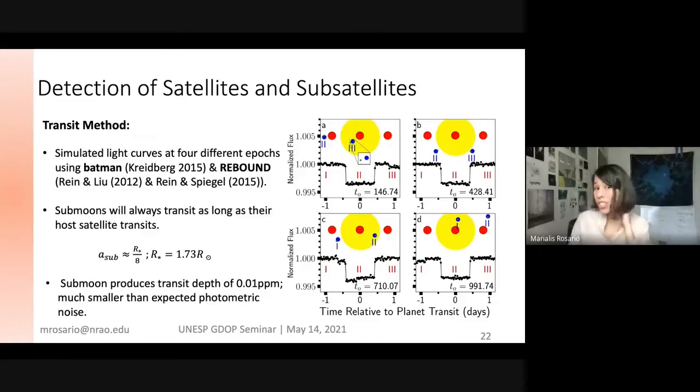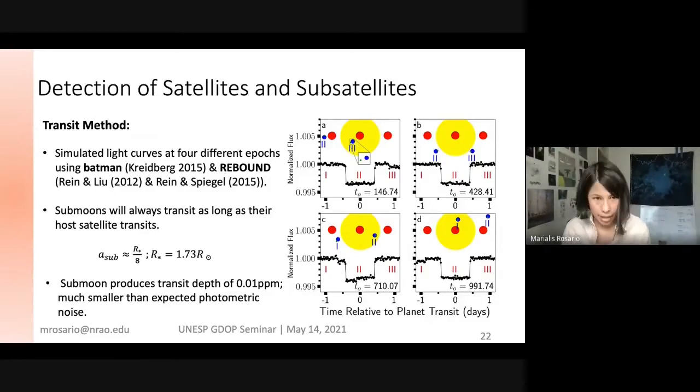But now our question is, will the dim in light be significant enough to identify the presence of that submoon? And we determine it's not.